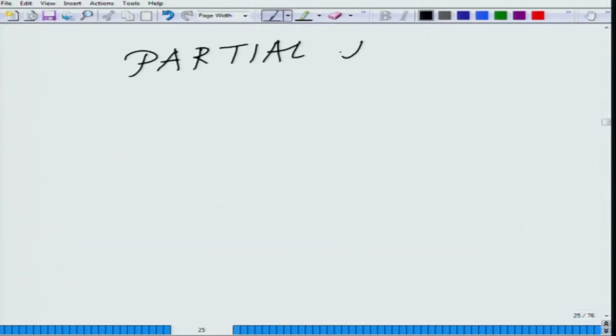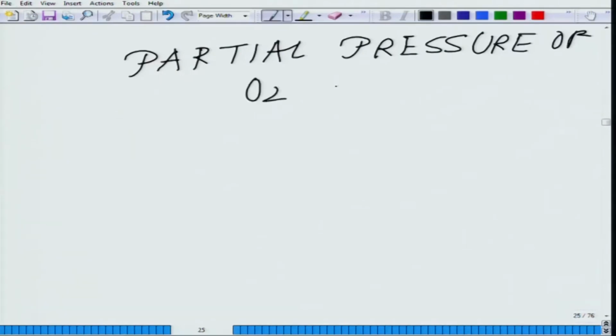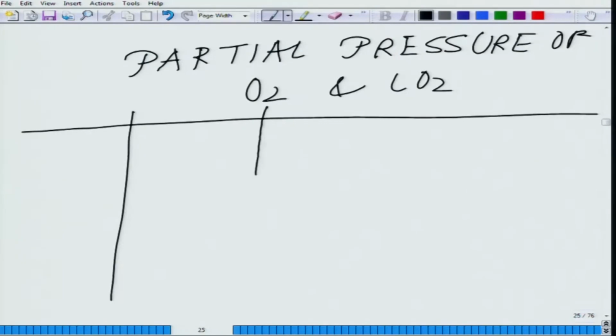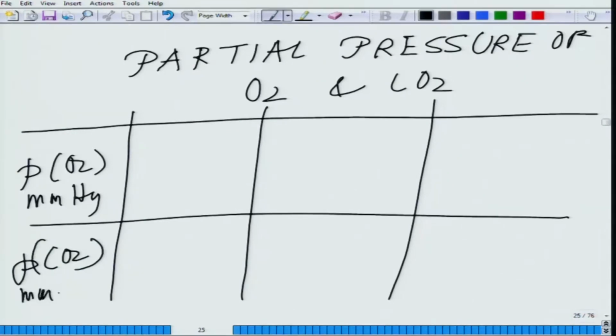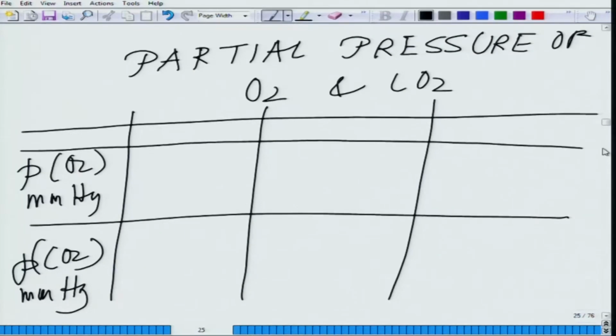The partial pressure of oxygen and CO2, we do the calculation at two different levels. So, this is PO2 in millimeter mercury, and this is PCO2 in millimeter mercury, and this is for the inspired air, the air which you are inspiring.